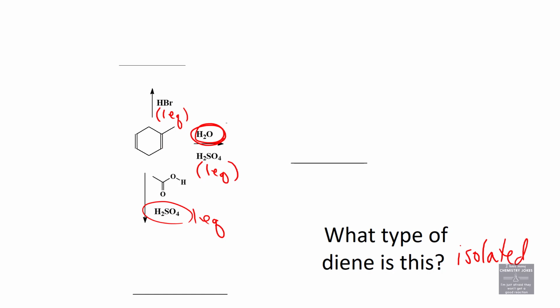Br ends up in the armpit, like that. Next, we've got acid and water added to a diene, going to react with the right alkene again. OH ends up in the armpit, like that. And this bottom one, we've not seen an example like this so far. We're going to end up with the same carbocation that we ended up with in the others.